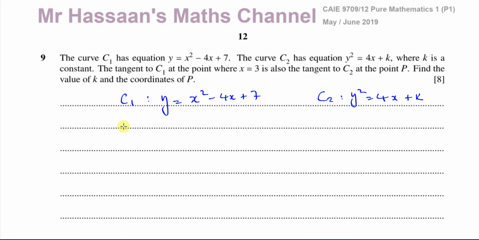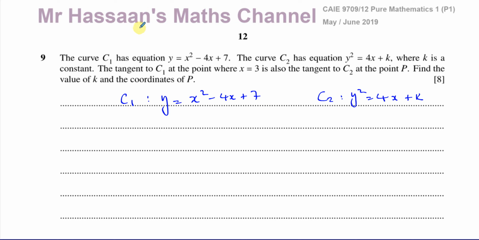So the gradient of curve 1 when x equals 3 will be equal to the gradient of curve C2 at the point where the tangent hits it.